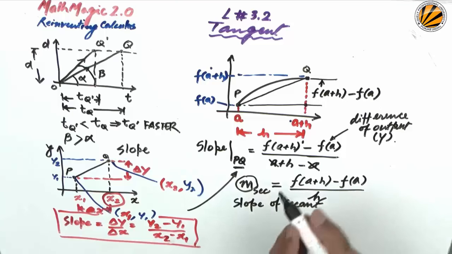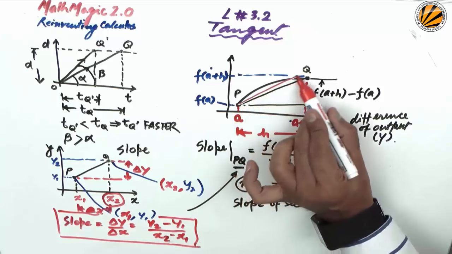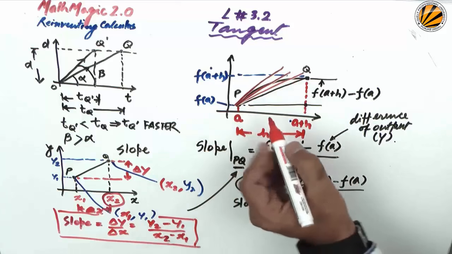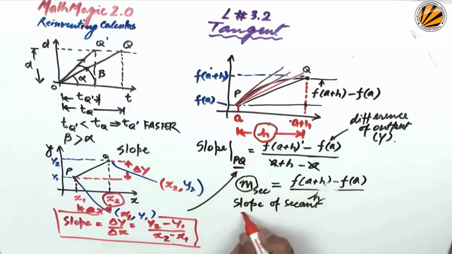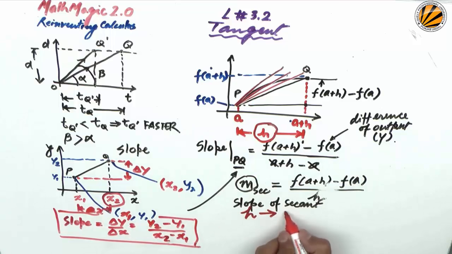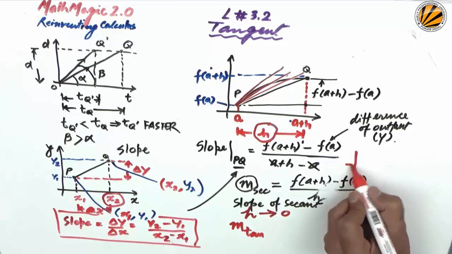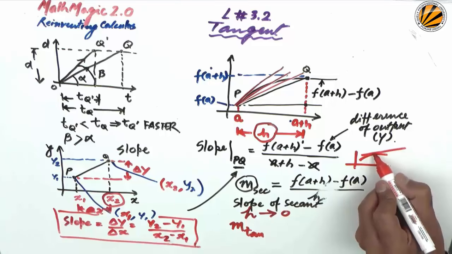Very importantly, if it has to be found what the tangent is, the tangent would be something like this, that this H is actually approaching 0. So the slope of the tangent means, if I graphically depict it, the tangent is nothing but, at a particular point, the line passing by.